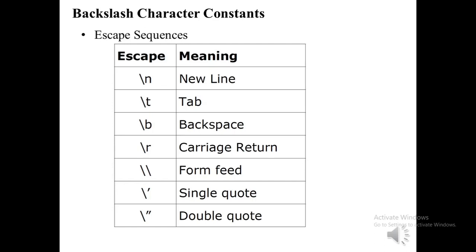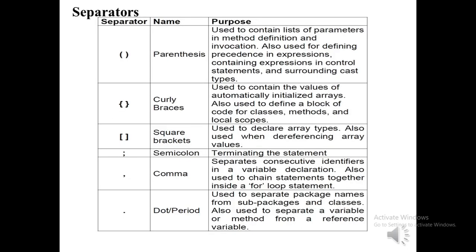Some backslash character constants are here. The first one is \n for new line, \t for tab, \b for backspace, \r for carriage return, \f for form feed, \' for single quote, \" for double quote. So these are the escape sequences, character constants.